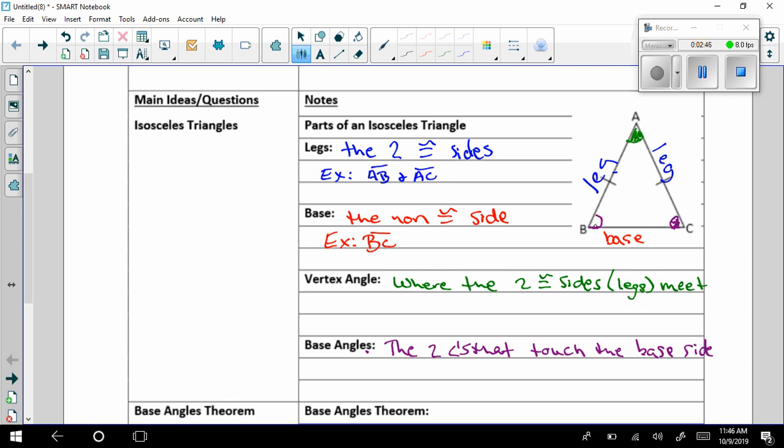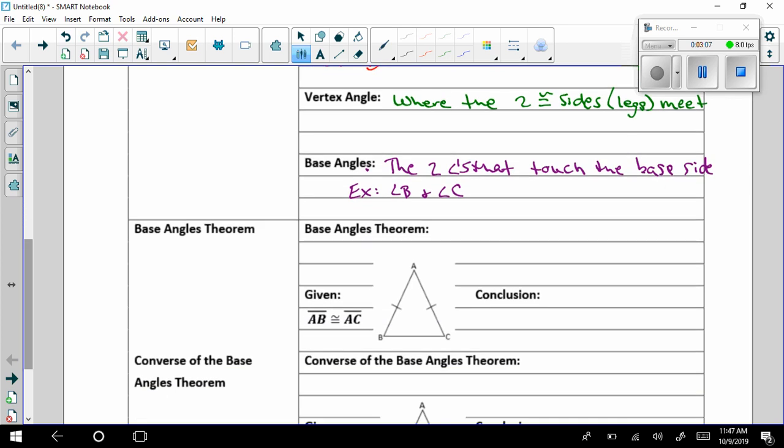So yes, they touch a leg as well, but they're the only two angles that are touching the base. So in here, you can see we have angle B and angle C are our base angles. You have two legs, one vertex angle, one base, but two base angles. So keeping those all straight will be the key to setting up some of these problems.